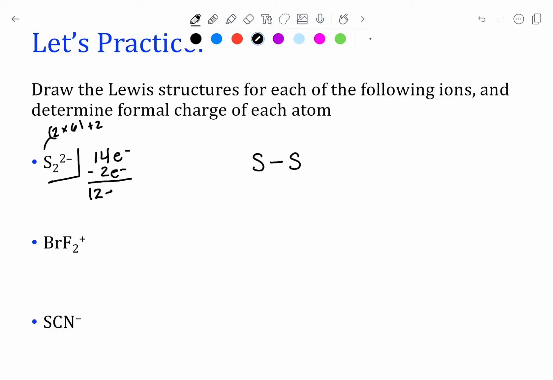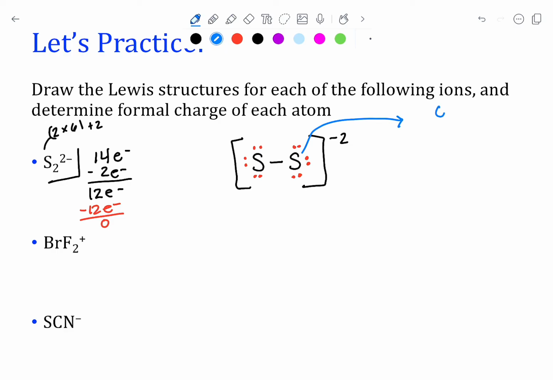I now have 12 left over that I'm going to put on as lone pairs. So 1, 2, 3, 4, 5, 6, 7, 8, 9, 10, 11, 12. Okay, that used up all 12 of my leftover electrons. And I'm going to put my bracket around here to put my 2- on the outside to show that it is an ion. Each sulfur is the same, so we're going to find just the formal charge of one sulfur and we can apply it to the other.